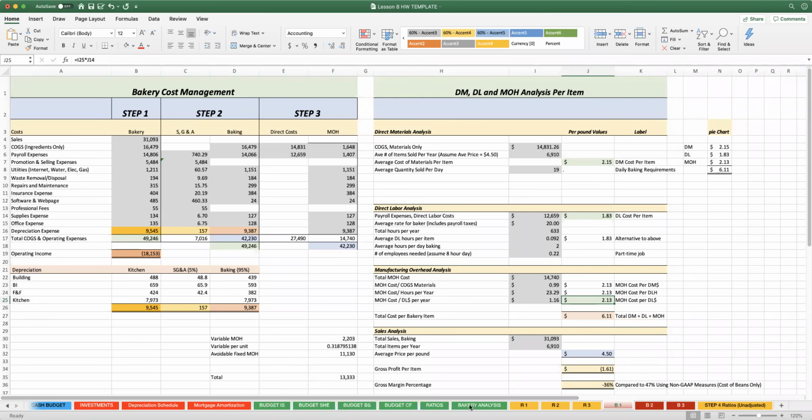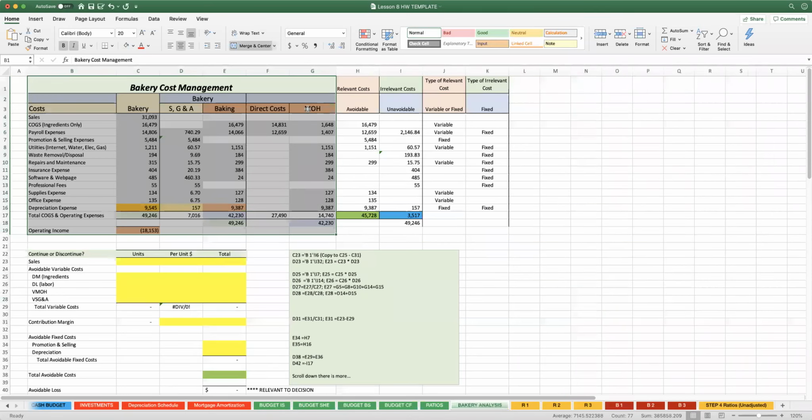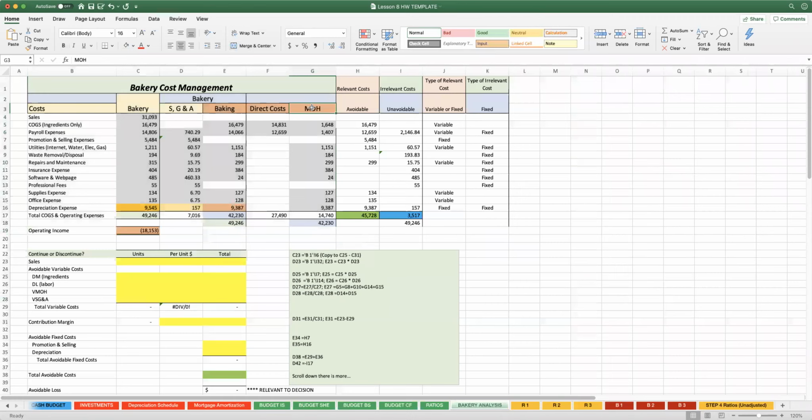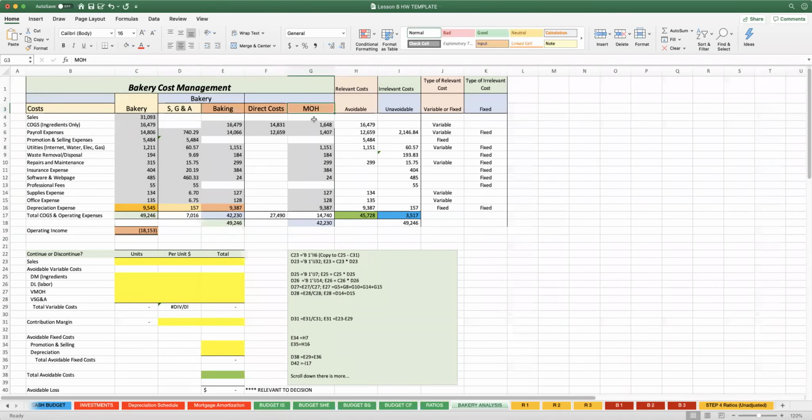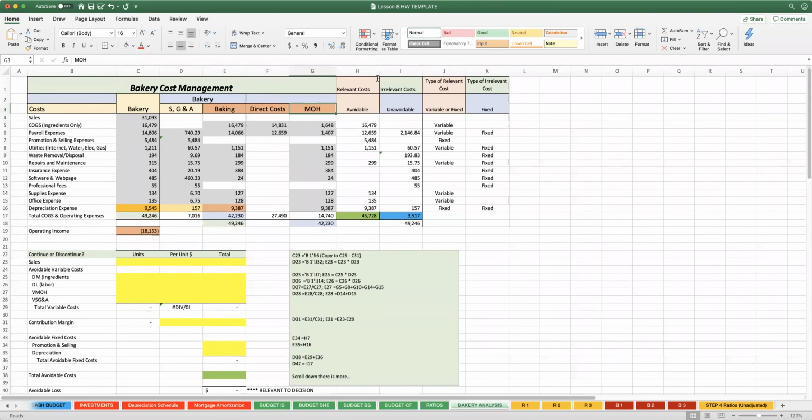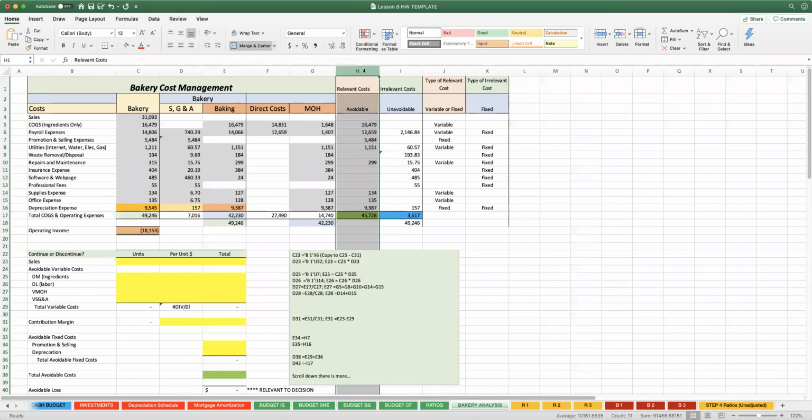So to be able to make the decisions about the bakery, you've got to split the costs of the bakery into two areas. Those that are avoidable, that we can get rid of 100%. So if we do shut the door on the bakery, we know that these costs are definitely going away, as opposed to those costs that have been allocated to the bakery but aren't necessarily avoidable.